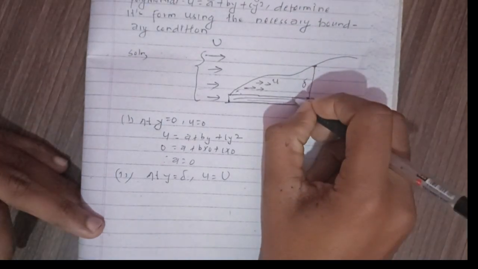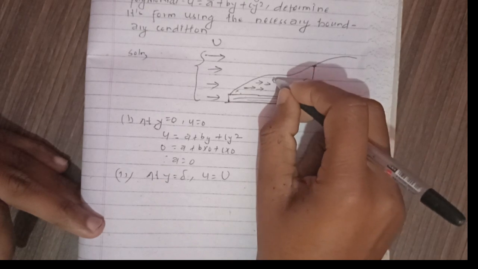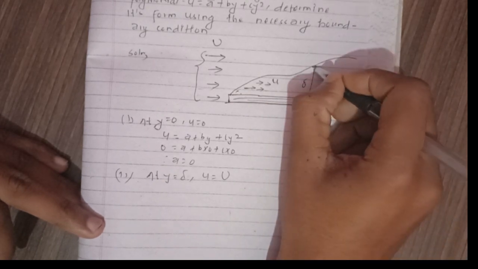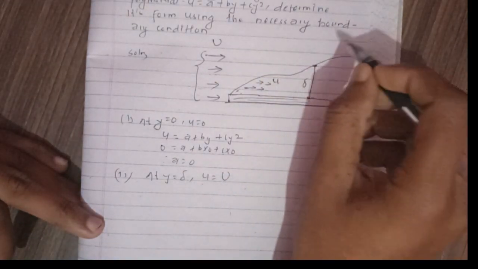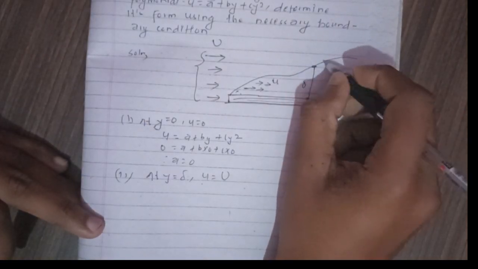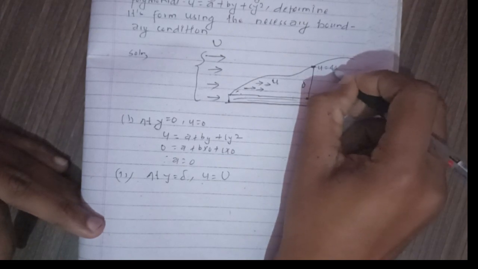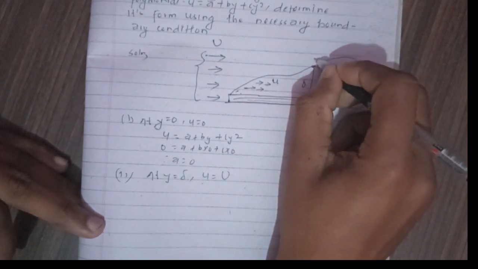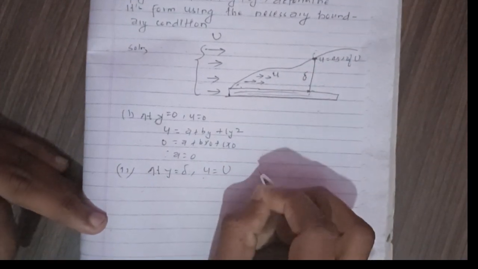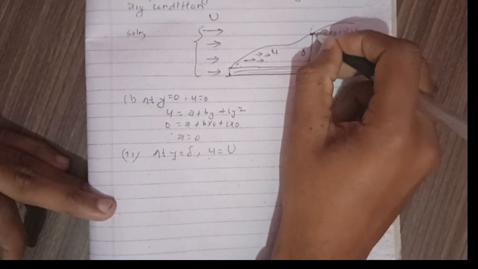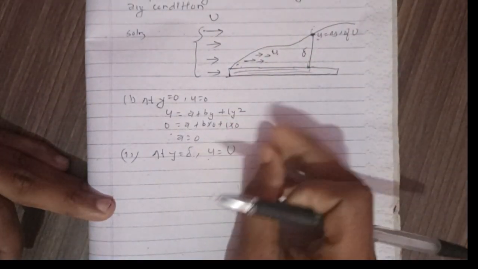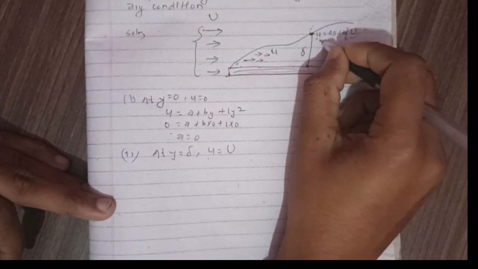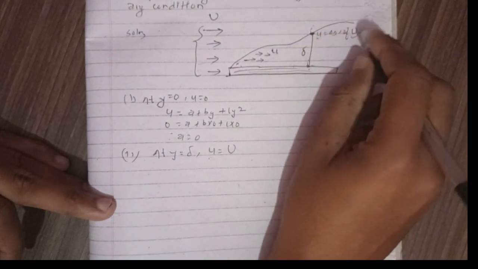As you move away from the plate, the velocity u will increase, and when you cross the boundary, u is equal to capital U, which means at this point this u is 99% of capital U. So at y is equal to del, the u is 99% of U, and you can say there is not much difference between u and capital U. So u is equal to U.